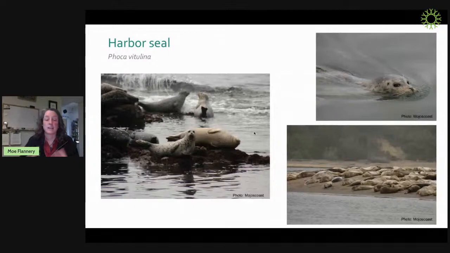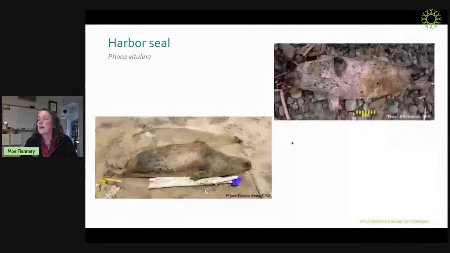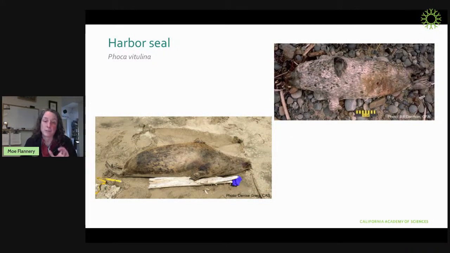And some of the ones that are red have turned red from the iron that's in the environment around them. So spots are a key characteristic that we use in identifying this species, but don't assume that you're looking at a harbor seal if you have a carcass on the beach that has spots.